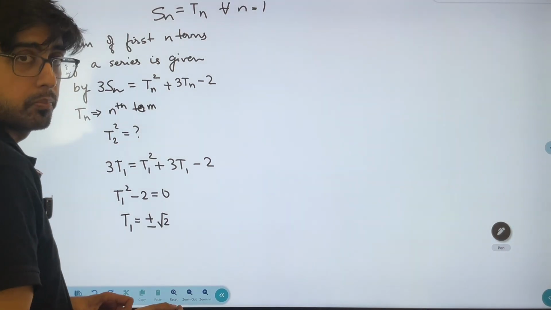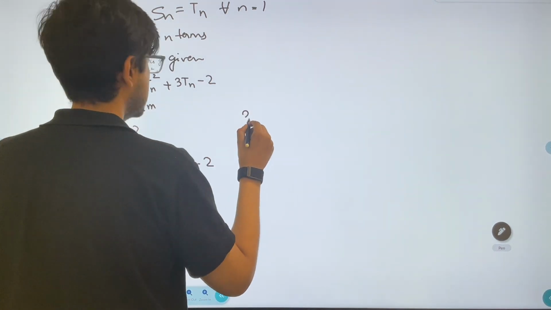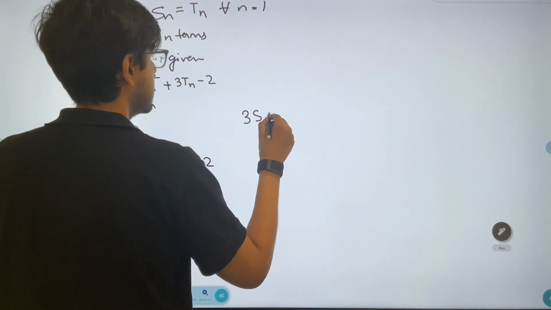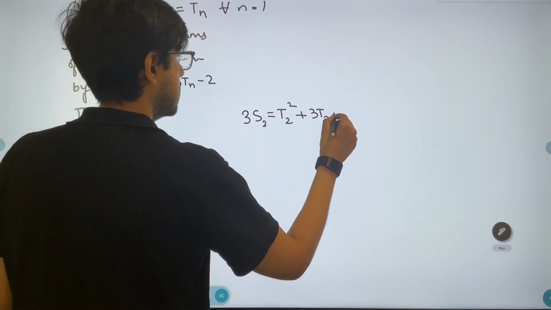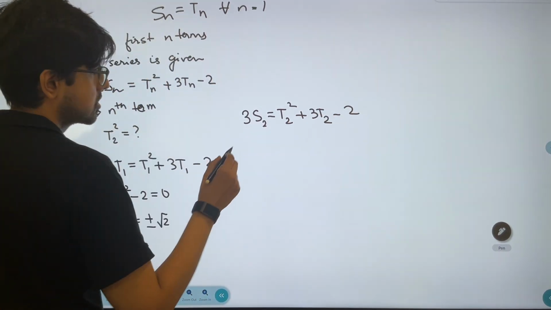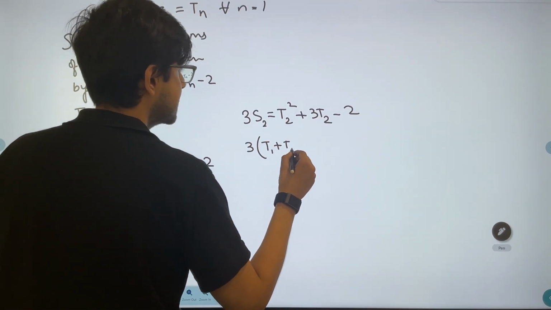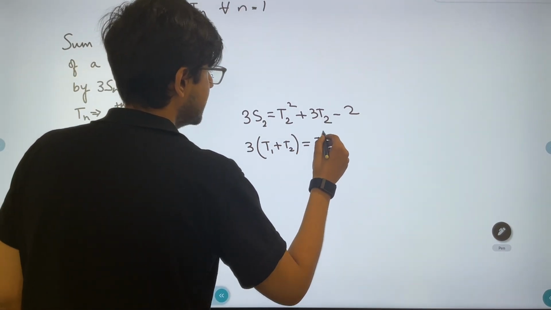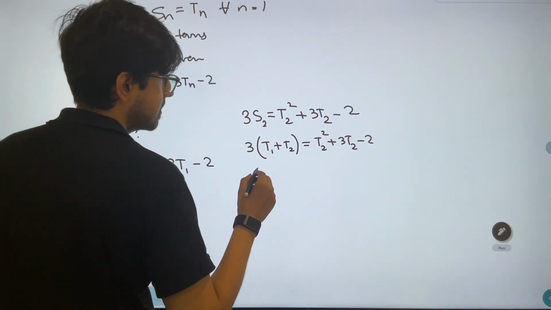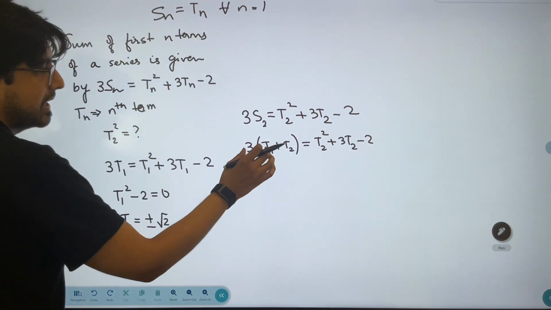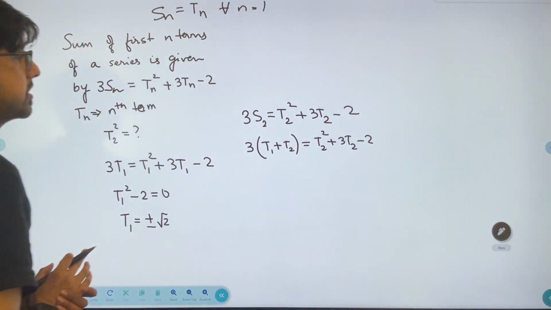Let me now put n equal to 2. So I will get 3S2 is T2 square plus 3T2 minus 2, which is equal to 3 into T1 plus T2 is equal to T2 square plus 3T2 minus 2, and depending on the value of T1, I am going to get the value of T2.